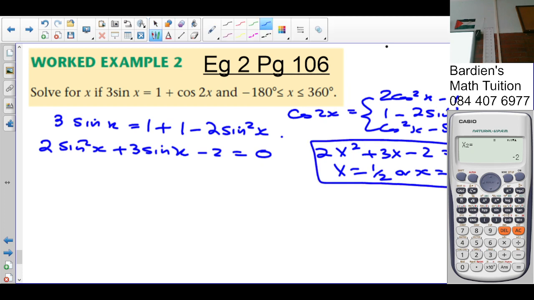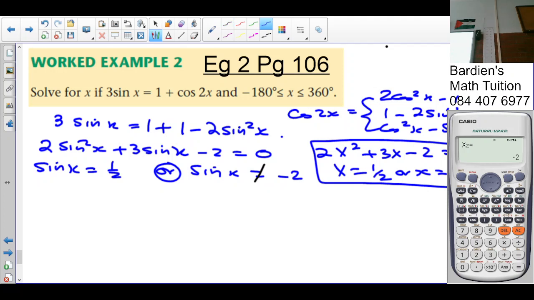But what is x? Sine x, not so? So in other words, sine x is equal to half, or sine of x is equal to negative 2. Now if you're going to work out arc sine of negative 2, that's never going to work. So that one is out. No solution on that.